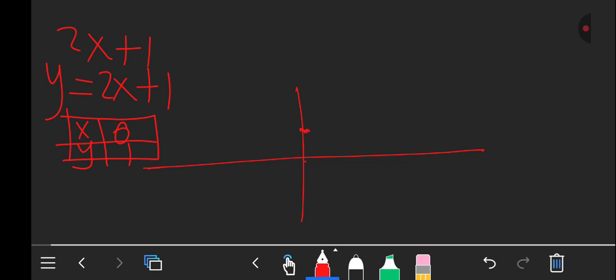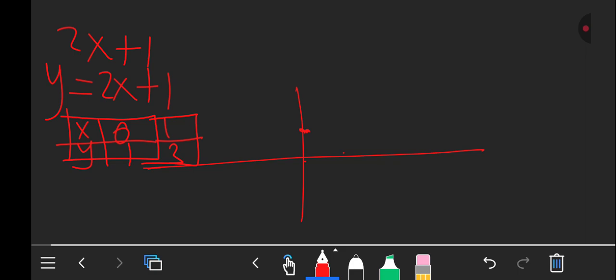Then I test another number, any number. Let's say if my x is equal to 1, my y will be 3, right? That is 2 times 1, that is 2, plus 1. My y will be 3. So I have 1, 3, somewhere there.